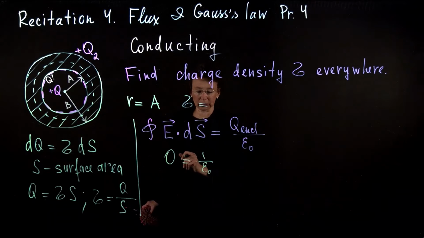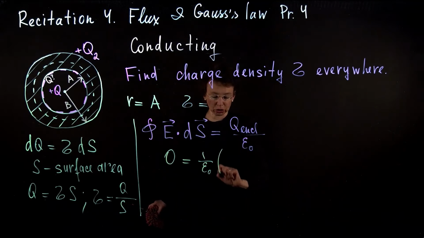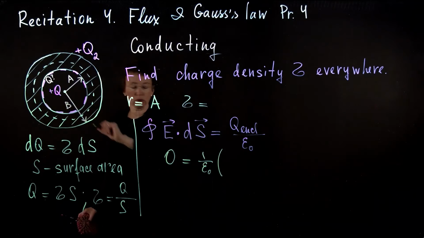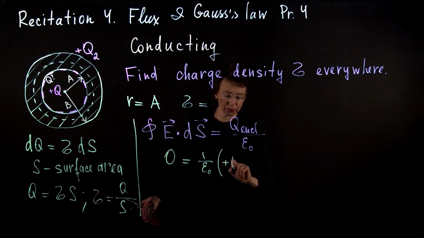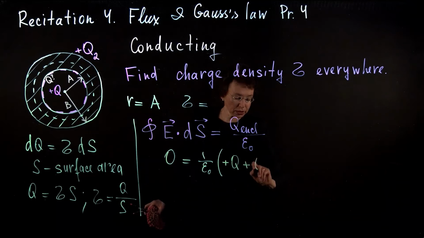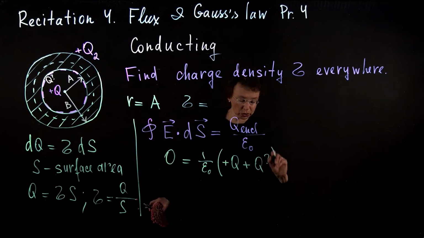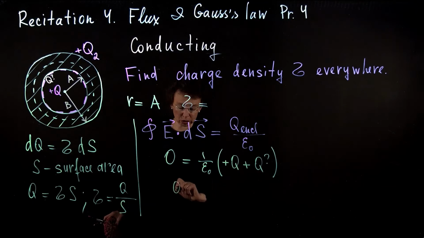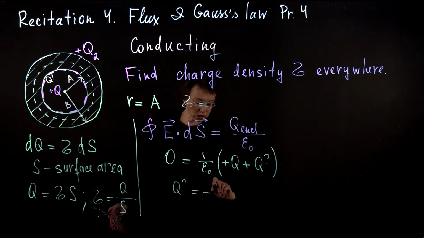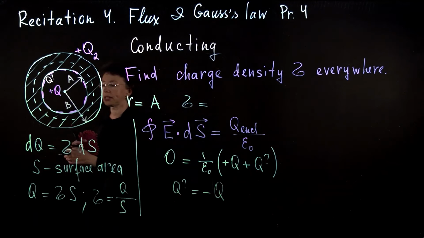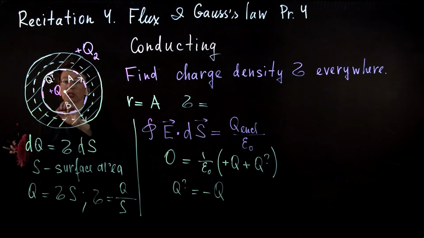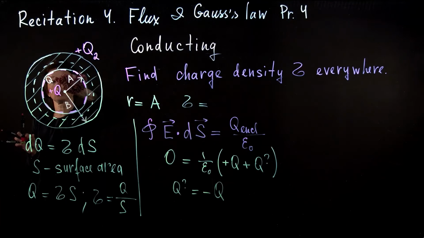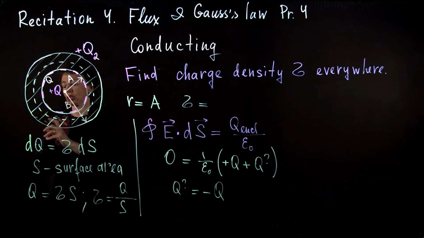On the right, 1 over epsilon naught times the enclosed charge, plus Q and the unknown Q. Since the sum is 0, the unknown charge is equal to minus Q. So minus Q is built on the inner surface.